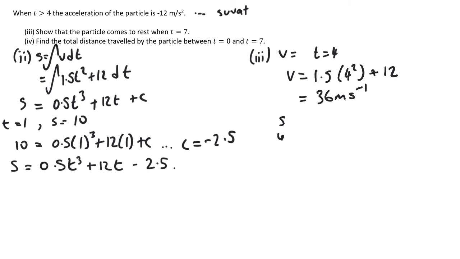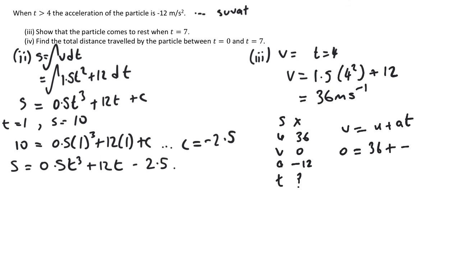So now if we consider our suvat information, we don't care about the displacement. Our initial velocity is 36. When it comes to rest, the final velocity will be 0. The acceleration is -12, and the time is what we're looking for. So if we use v = u + at, we have 0 = 36 + (-12)t.